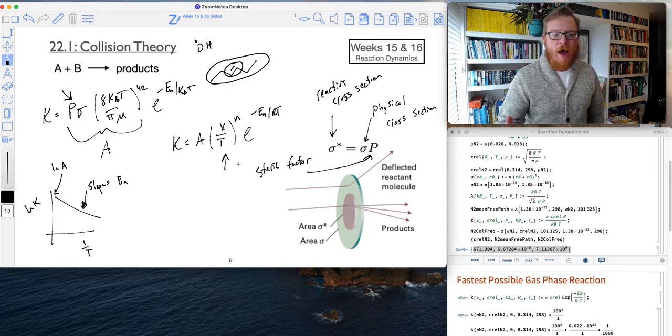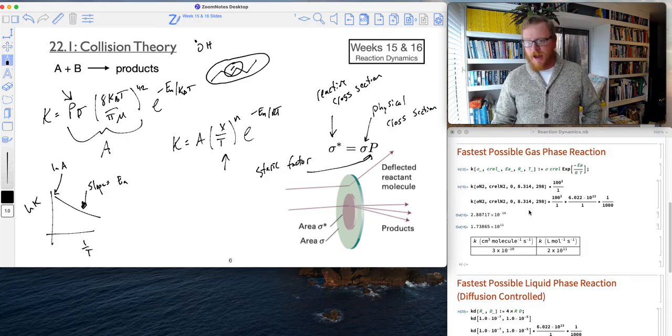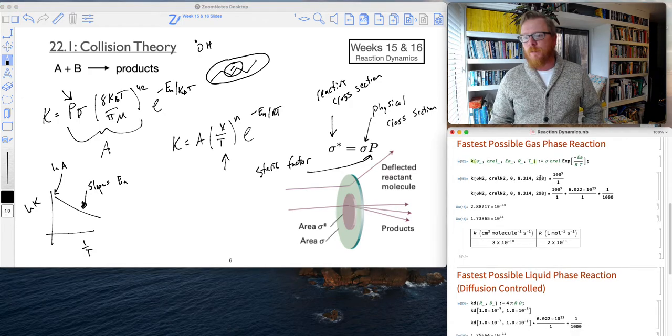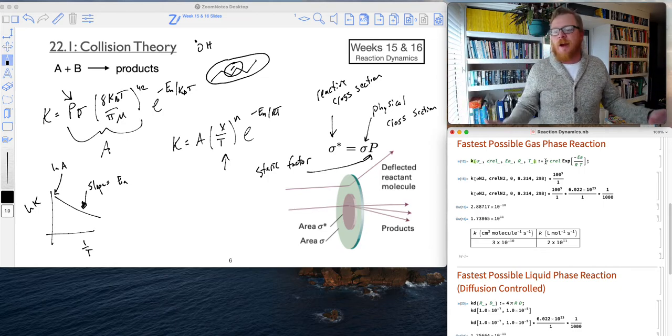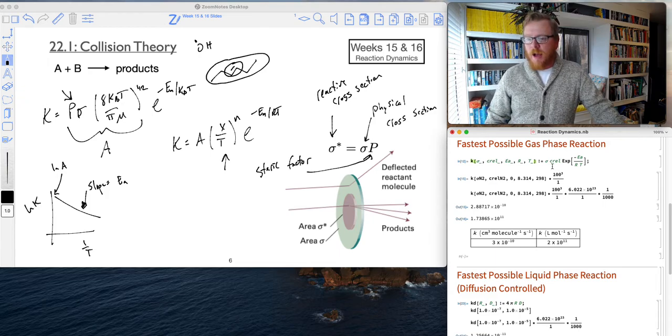Now, how can we use this to calculate the fastest possible reaction? Here you can see on my Mathematica model, I put in k, and I didn't worry about the steric factor P, so we'll just assume it's 1 for now, which is a pretty reasonable assumption for small molecules. So that's sigma times c relative times this Arrhenius term.